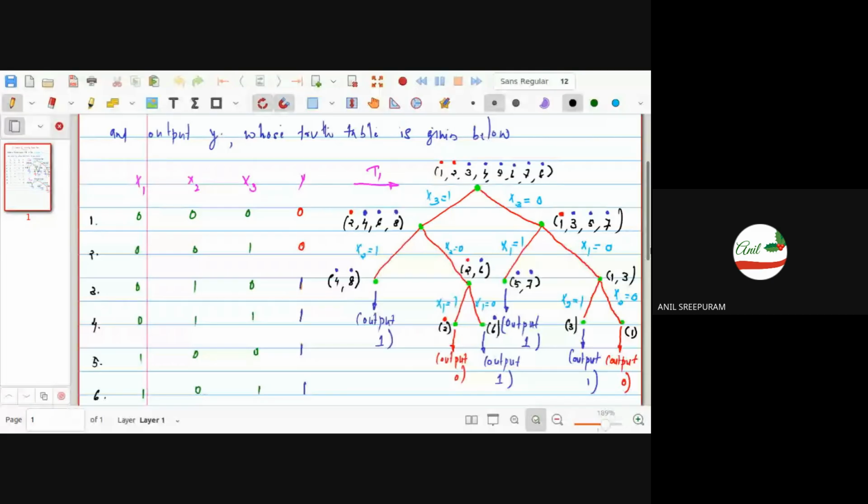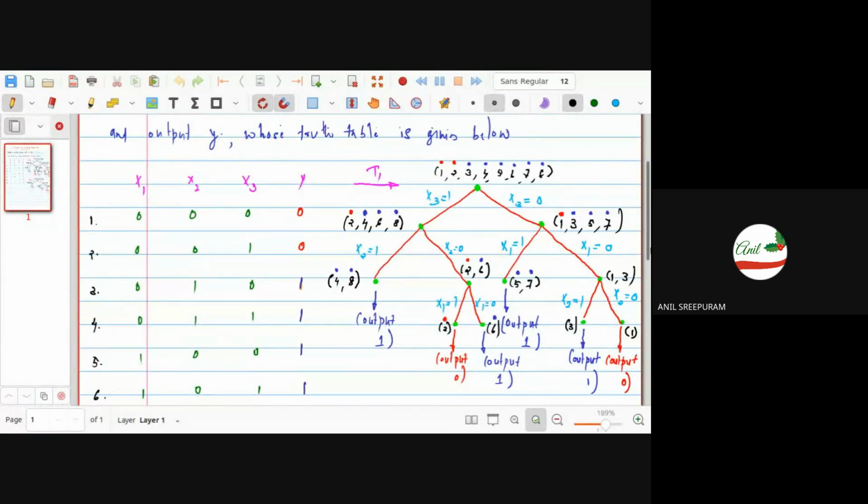Now, what I will be doing is performing, at the root node, a test based on the feature x3. I'll be choosing x3 as the feature for testing at the root node. I have 2 values for x3, one value is 0 and another value is 1. So accordingly, I have 2 branches. One branch corresponds to the case where x3 is equal to 1, and the other branch corresponds to where x3 equals 0.